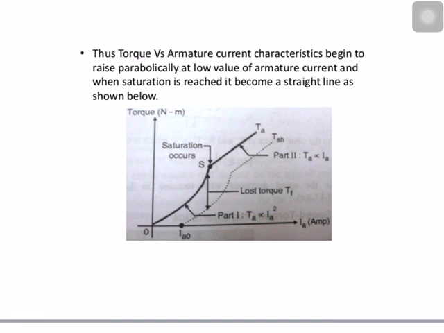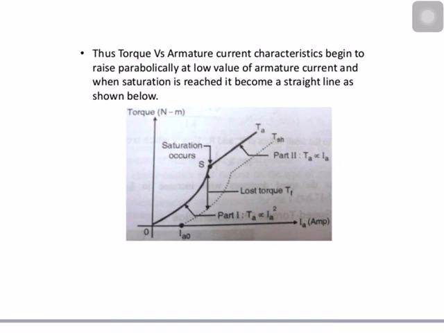After the magnetic saturation of the field poles, flux phi is independent of the armature current Ia, so that the torque varies proportional to Ia only. So now in this case T is directly proportional to Ia. Therefore, after magnetic saturation, the torque versus armature current curve becomes a straight line. Okay, so before magnetic saturation it is a parabola, and after magnetic saturation it is a straight line.